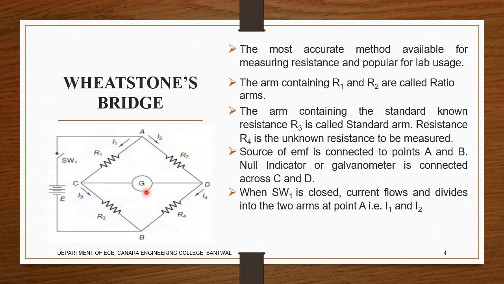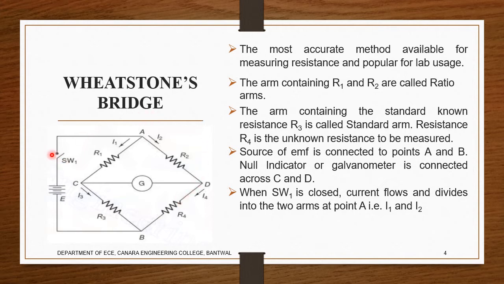Usually we use a DC source here, and the detector is the galvanometer as I discussed earlier. It is one of the most accurate methods and is usually used for lab usage. Here R1 and R2 are the ratio arms, R3 is the standard one, and R4 is the unknown resistance which has to be measured.